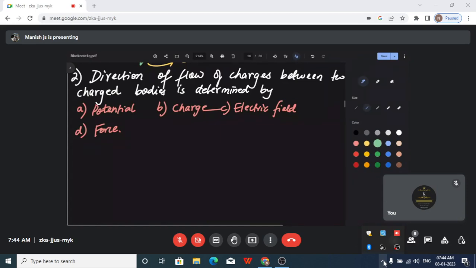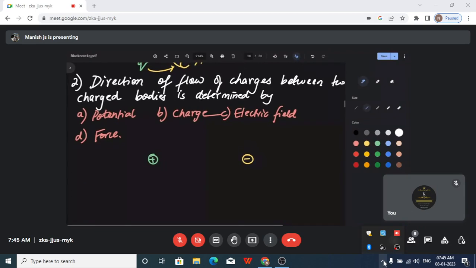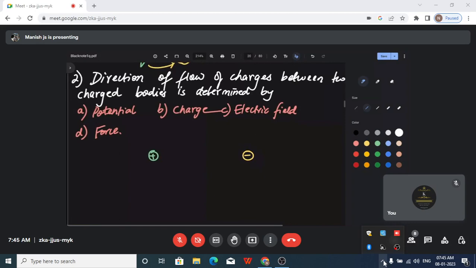Correct. So now I take a positive charge, and similarly I express another negative charge. So how are the electric lines of force expressed? Positive radially outward. Correct. Negative radially inward. Okay, so can we express it like this? Yes, sir.